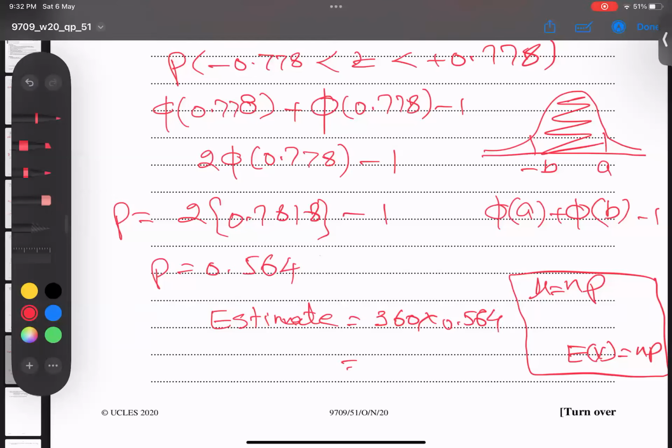Even you can use a 4 decimal place answer, no issue at all, for a more accurate answer. And hold on, this is 365 days, not 360 days. Sorry for that. 365 times 0.5636, and the answer is coming approximately 205 or 206 days. Okay, I hope the point is very, very clear. Let's go for the next question.